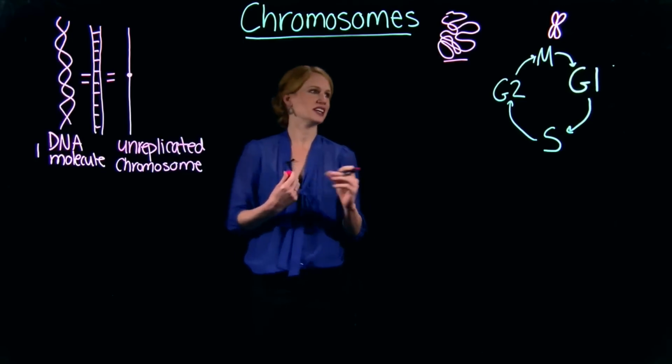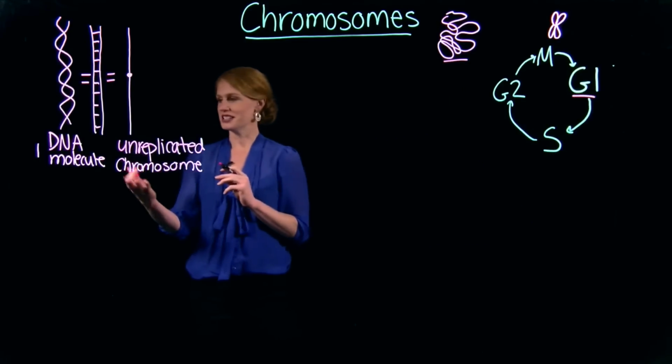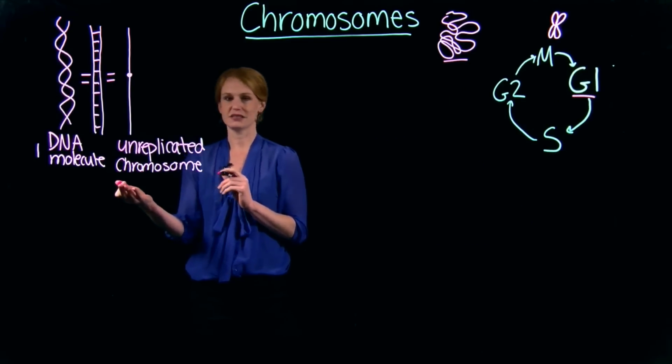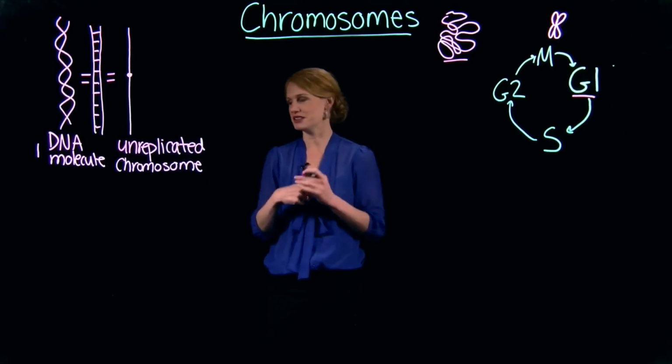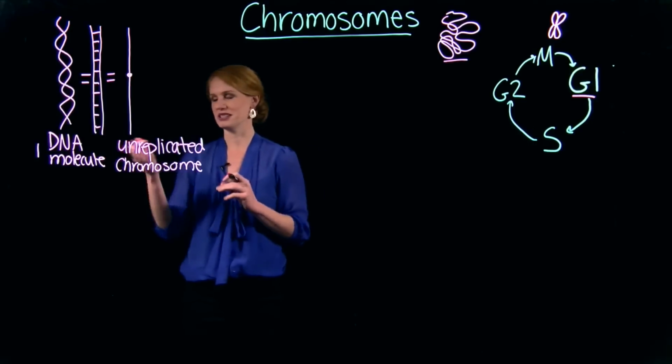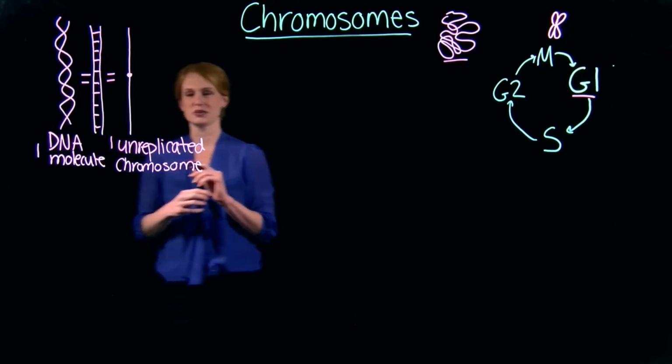So in G1 phase of the cell cycle, each chromosome is unreplicated and consists of one DNA molecule. These DNA molecules are very, very long, millions of base pairs in our cells, but we are going to depict them like this. So this is one unreplicated chromosome.